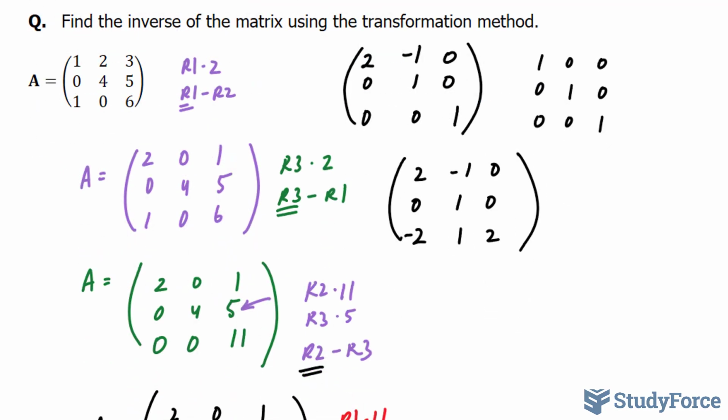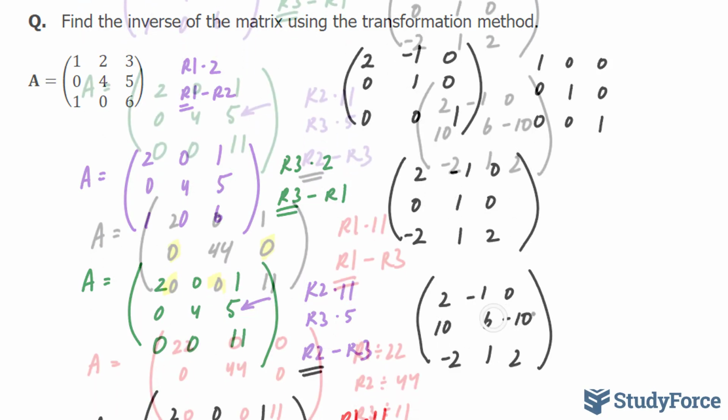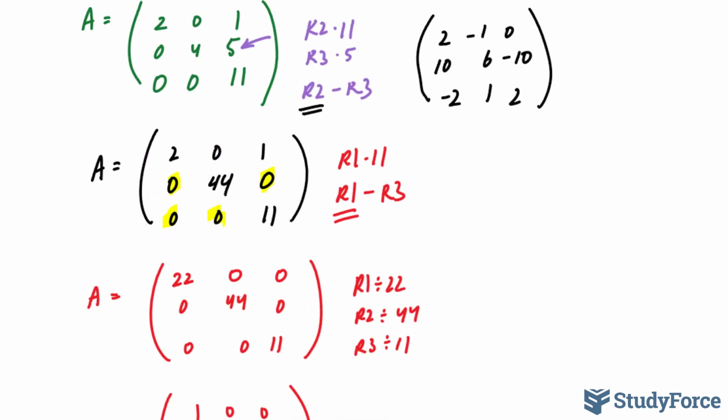Then we multiplied row 2 by 11, row 3 by 5, and subtracted the products of row 2 from row 3. And that gave us 2, negative 1, and 0, 10, 6, and negative 10, negative 2, 1, and 2. Notice that only row 2 changed. Then we multiplied all of row 1 by 11 and then subtracted the products of row 1 from row 3.